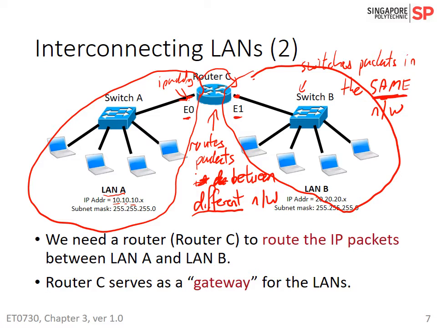Later I'll explain why their IP address must be in the same network as the LAN that it is connected to. So again, I will emphasize: a switch switches packets in the same network, a router routes packets between different networks.